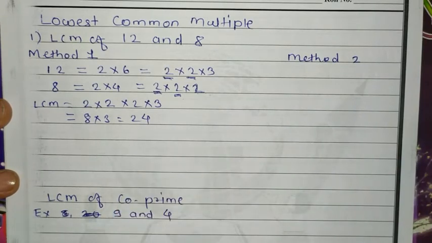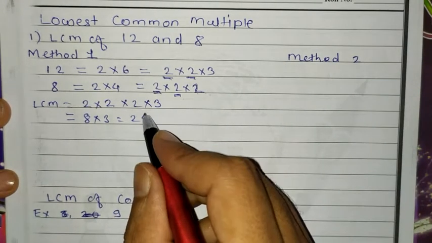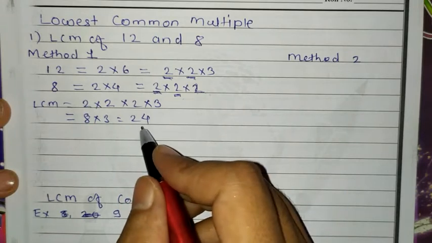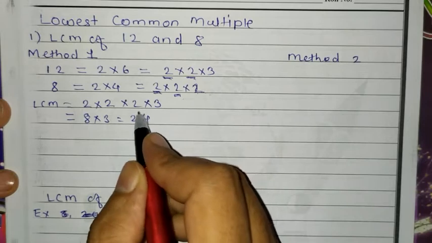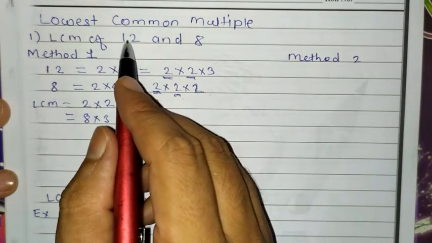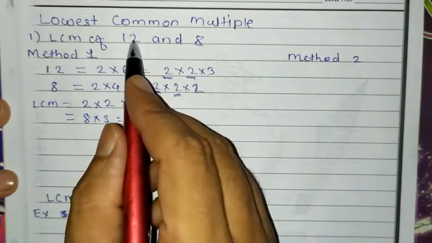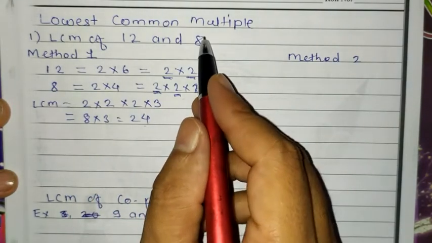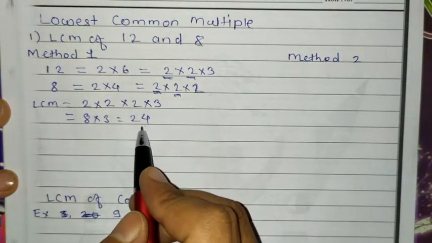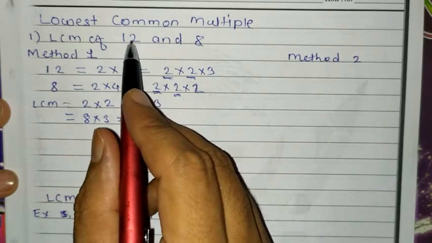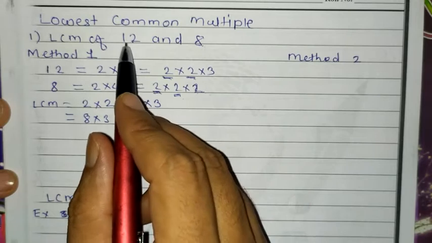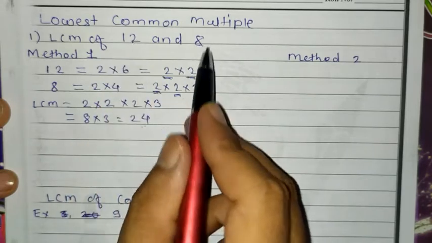Now what is the meaning of that answer? It means this is the least number that comes in the multiplication tables of 12 and 8, because 12 into 2 is 24, 8 into 4 is 24. You can say this is the least multiple of 12 and 8.